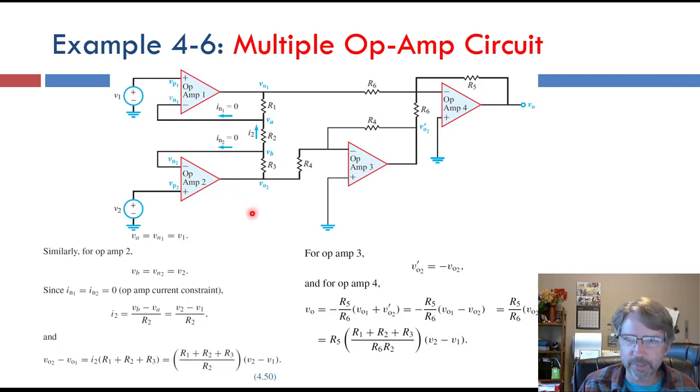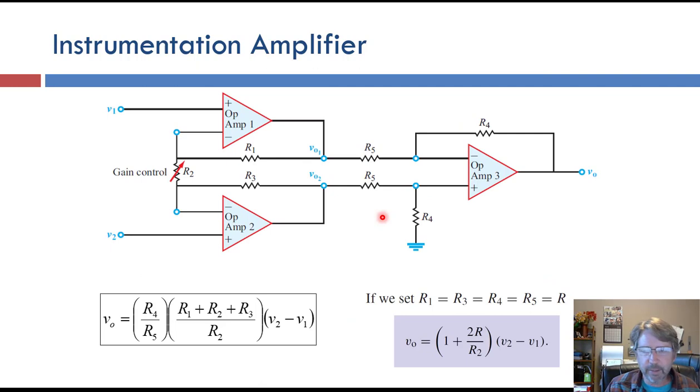We won't go into what this one does, but you could analyze it in the same way. You get a set of equations for each of these, that this node equals that node, and so forth.